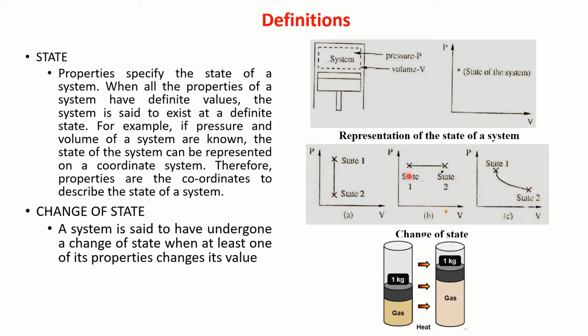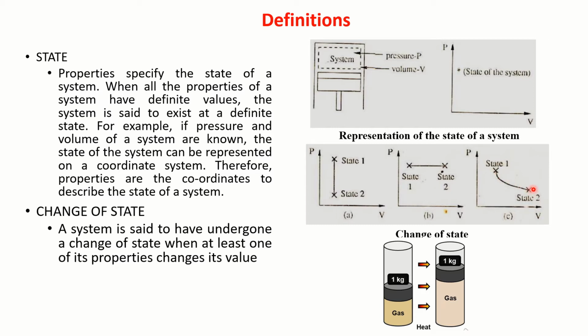Here, look here. I know the pressure, I know the volume, I mark the state. I'm keeping the pressure constant, volume has changed. So it has again undergone a change of state. Here I know pressure as well as volume. I mark the state 1. This system, let us say, experiences both change in pressure as well as volume, and later I mark, let us say, state 2.